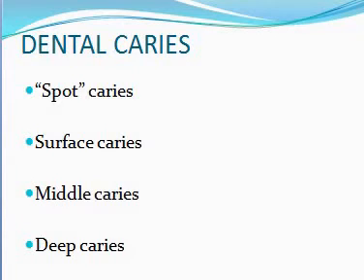Let's give a definition for dental caries. Dental caries is a disease of calcified tissue of the teeth caused by action of microorganisms on fermentable carbohydrates, and it's characterized by demineralization of the mineral portion of enamel and dentine, followed by disintegration of the organic material.